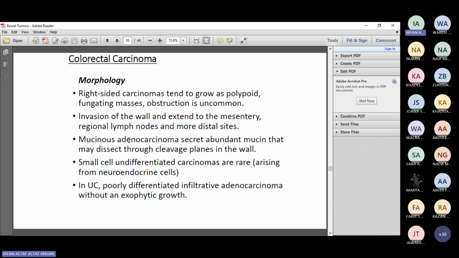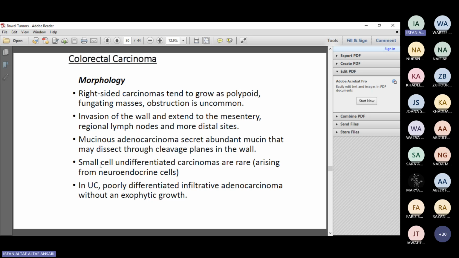Mucinous adenocarcinoma secretes abundant mucin that may dissect through cleavage planes in the wall, reach the serosa, come into the peritoneum and cause mucinous ascites.